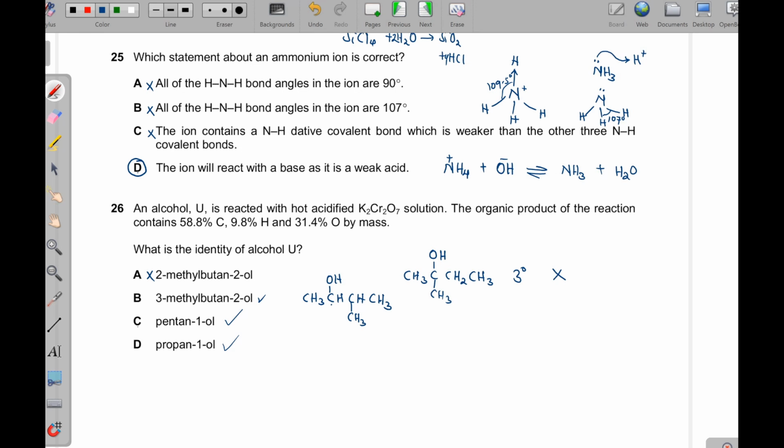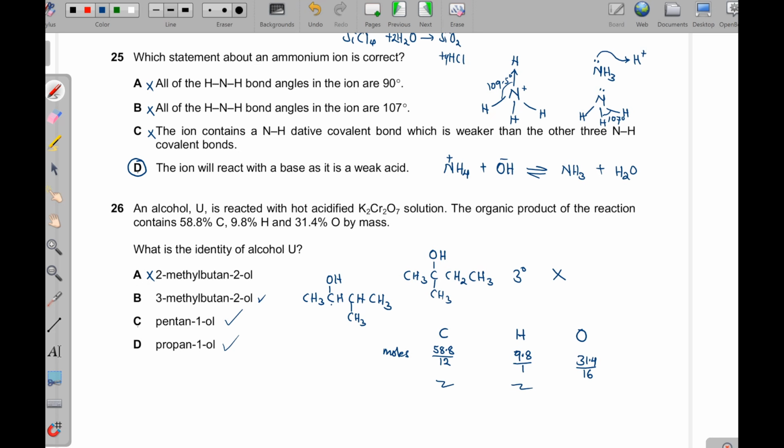Now let's check which one it is. Let us first find the empirical formula of the organic product. So we have carbon, hydrogen, and oxygen. The percentage mass of carbon is 58.8. I will divide this by 12 to get the moles. Then hydrogen 9.8 divided by its Ar, which is 1. Oxygen is 31.4 divided by its Ar, which is 16.